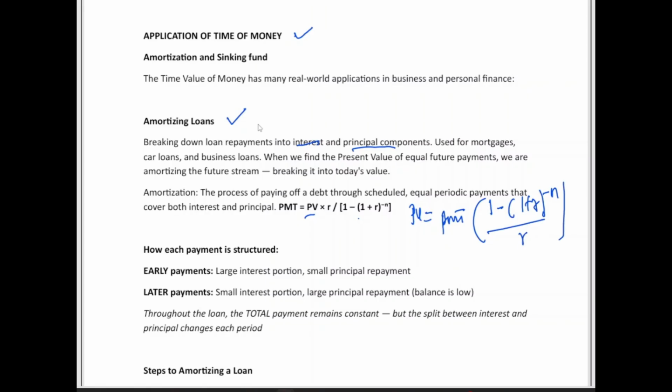So we are using this present value formula. Then we know our present value, we know our interest. So we are now trying to get the periodic amount which should be paid in order to cater for the loan, which is the interest and the principal amount.